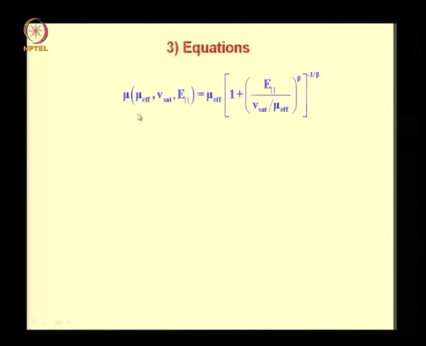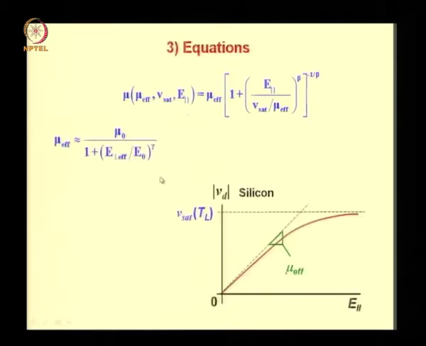Now, this particular formula for the mobility is applicable for both electrons as well as holes. The effective mobility depends on the bulk mobility for low perpendicular electric field divided by 1 plus an effective value of perpendicular electric field by a critical field parameter E naught raised to the power gamma.